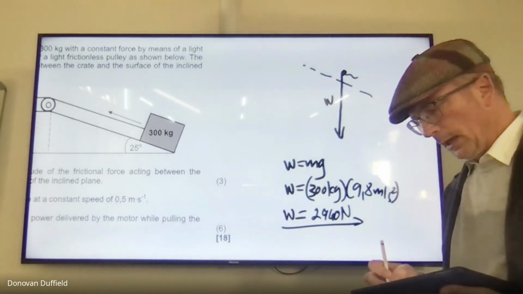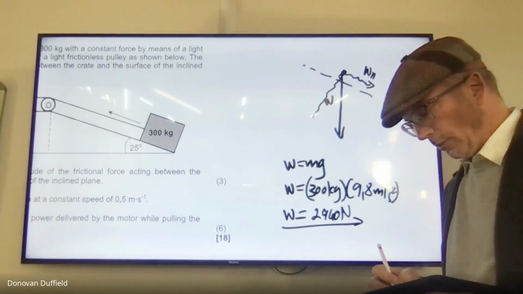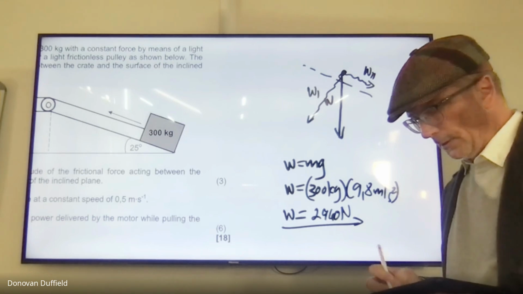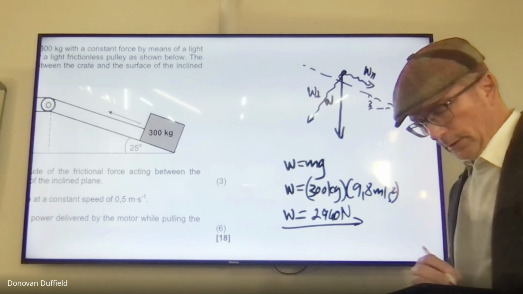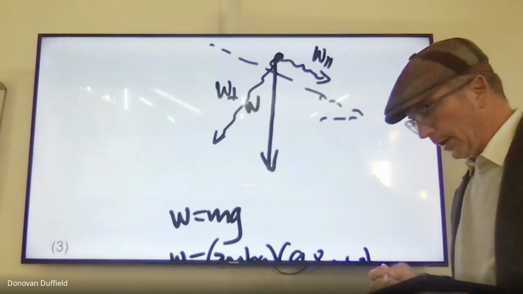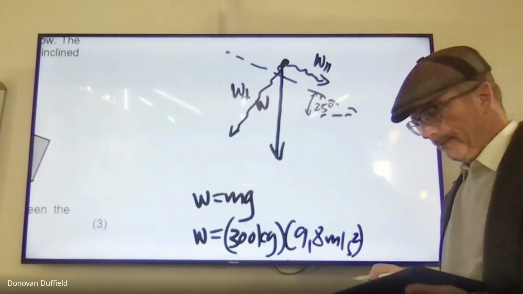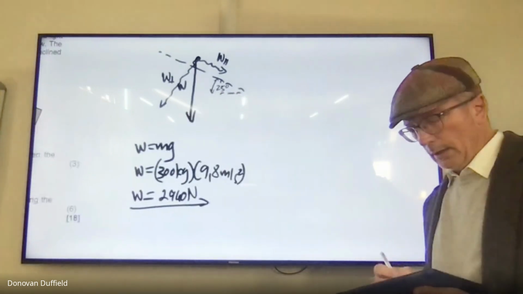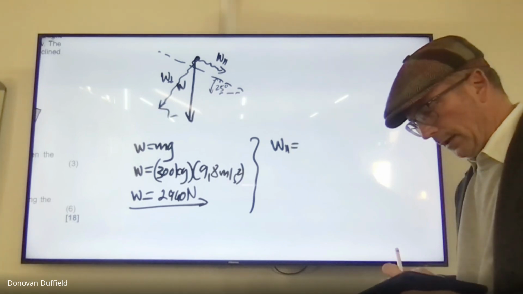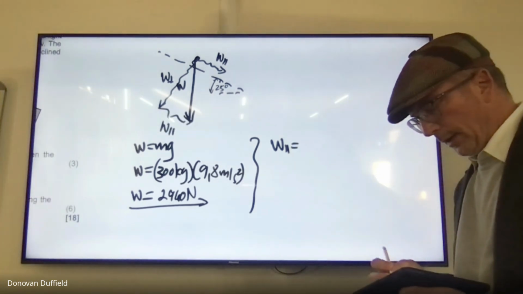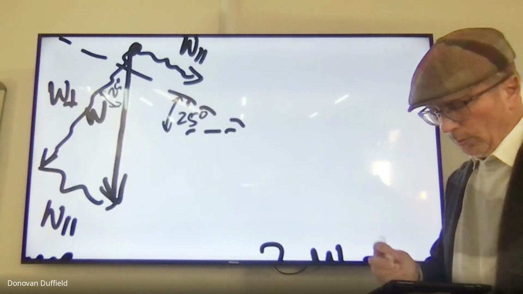There's going to be two components. There's going to be a parallel component, and there's going to be a perpendicular component. And if this is 30 degrees, sorry, it's not 30 degrees, it's 25 degrees. If this is 25 degrees, then if that's W parallel, that's 25, then this angle is always 25.